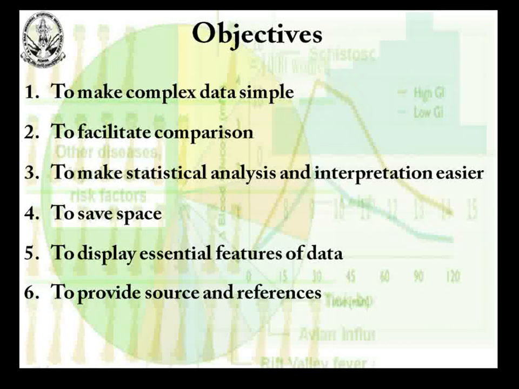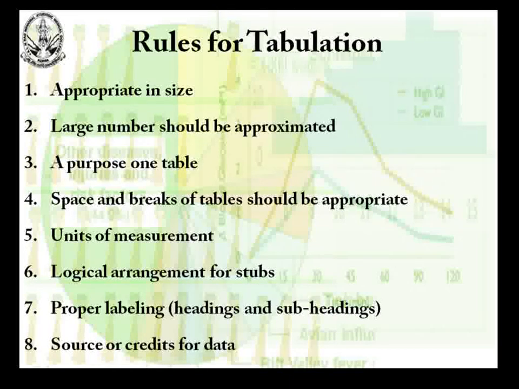To display essential features of data, tabulation makes it easier, and a lot of times you will find below the table sources and references are given. So to provide source and reference, tabulation becomes easier.